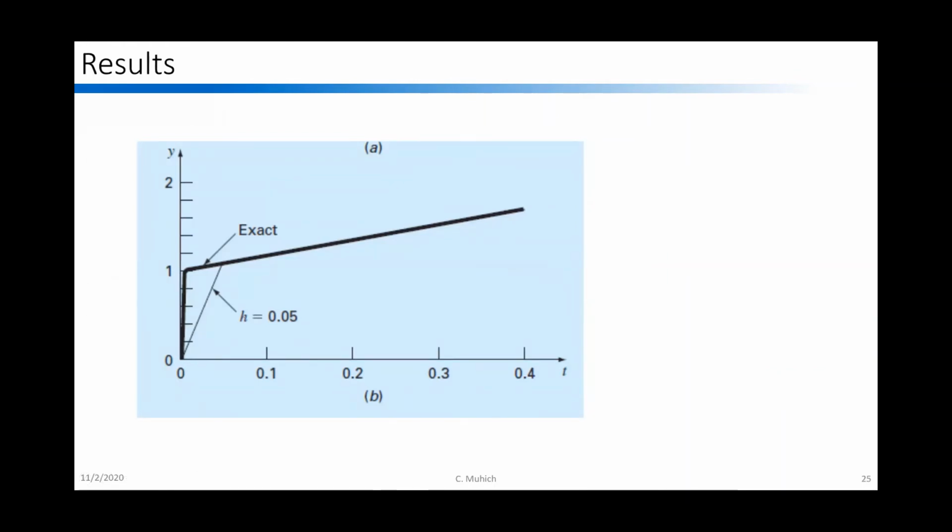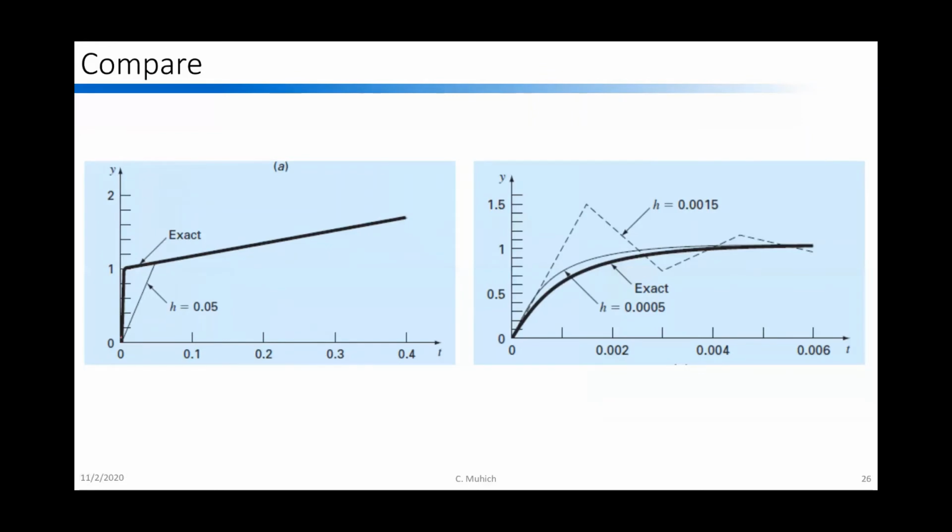We can see that we can use a much larger h step size, and we end up fitting that exact solution. In that first step, we've only taken one step, and we're already matching the exact solution. If we compare these two, if I take a step here, here, here, here, and here, I'm perfectly matching.